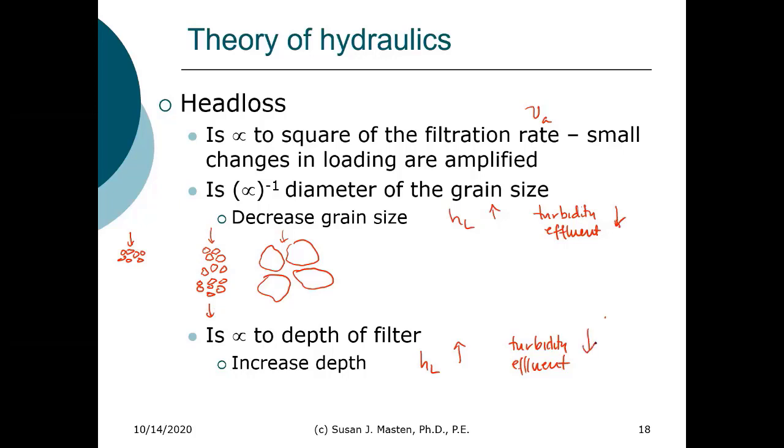So the turbidity decreases, my removal efficiency increases. And that's true for both when we decrease the grain size and when we increase the depth. So notice this. What we do to decrease our head loss has the opposite effect on our turbidity. So we can decrease our head loss, but we're going to get poorer quality effluent.